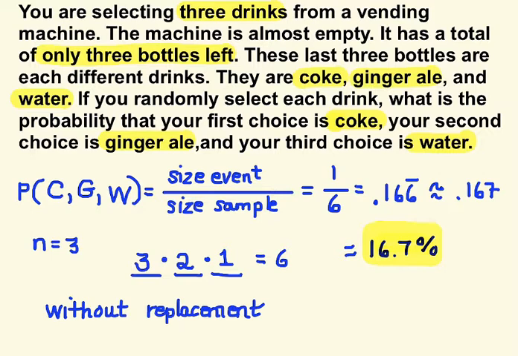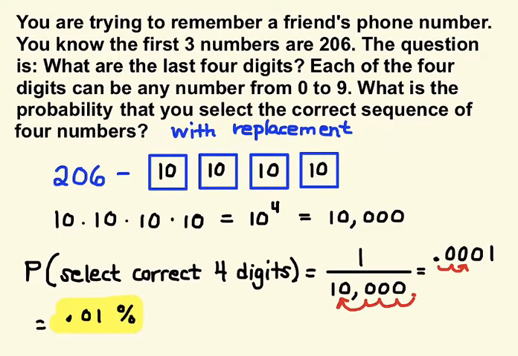Now notice the difference between these 2 counting rules. In this case, without replacement, it's 3 times 2 times 1. Each time we multiply by 1 less than what we had before. With replacement, a little bit different. Here with replacement, we just keep multiplying by n times n times n times n, because we replace each time, so we end up with n more to select from.